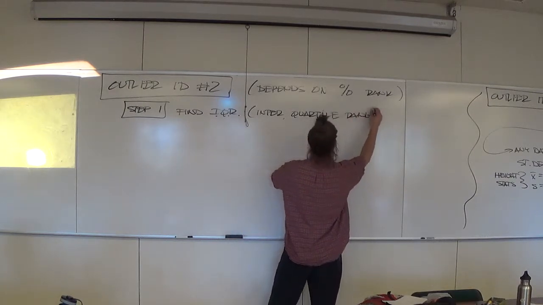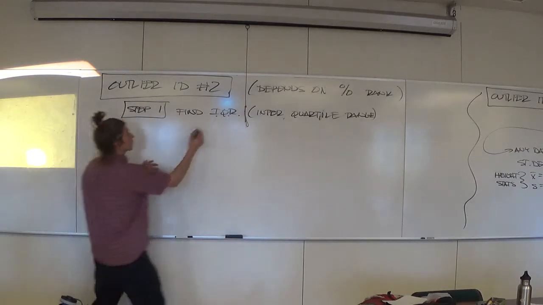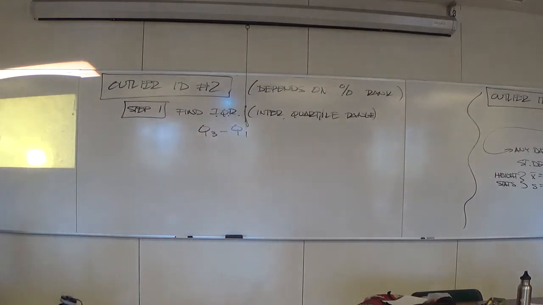So Nick, when you said earlier, I think it has to do with range. Hell yeah, it does. So you do your Q3 minus your Q1. You find the 75th percentile distance from the 25th percentile, which tells you where the middle 50% of your data is. So you're going to have to run one of our stats to get these numbers.